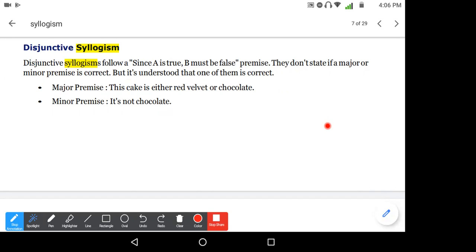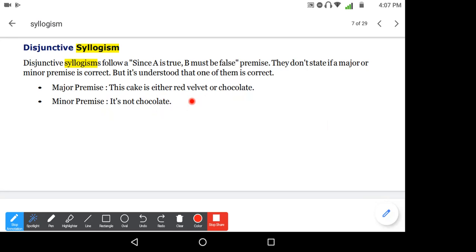And one more important thing in logical reasoning, please do not put any of your thoughts, your beliefs into the question. Now take this example. This cake is either red velvet or chocolate, and minor premises, it is not chocolate. So sometimes you'll have a red velvet, chocolate both together.